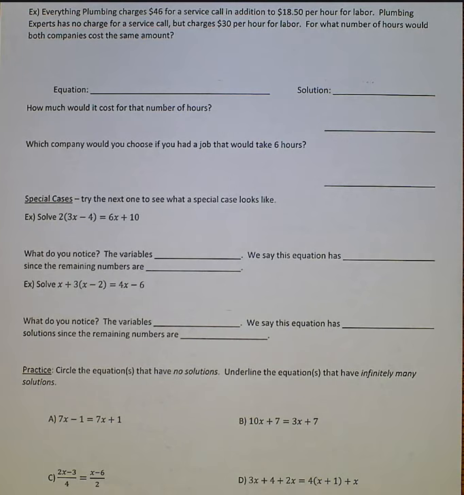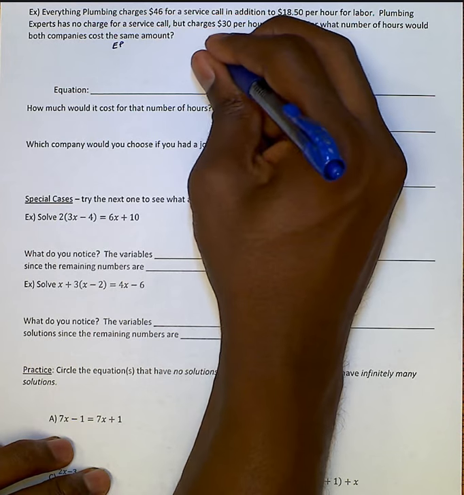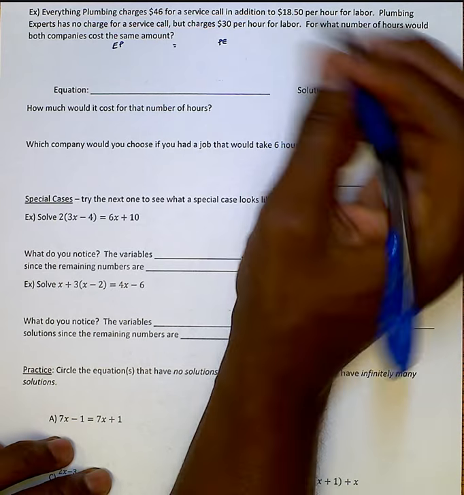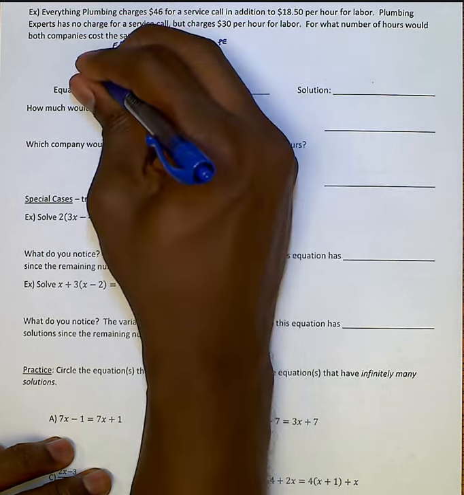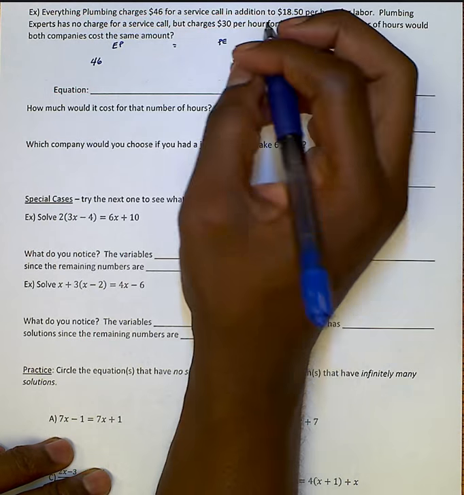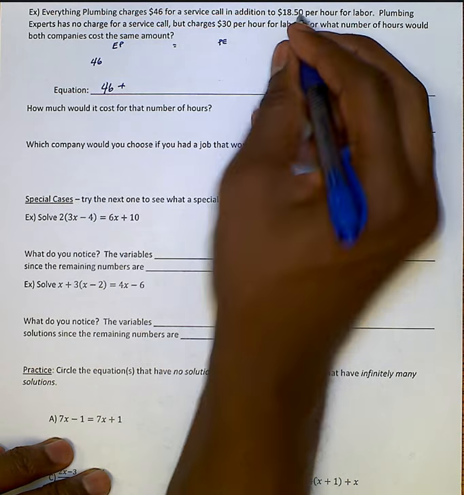So here we go. We have Everything Plumbing and we have Plumbing Experts. We want to write their equations and we want to know when they cost the same. So Everything Plumbing, they cost $46 just to show up. But when they do show up, it's $18.50 an hour.